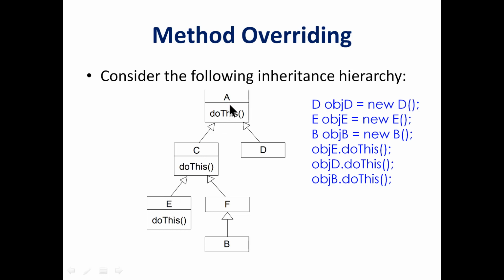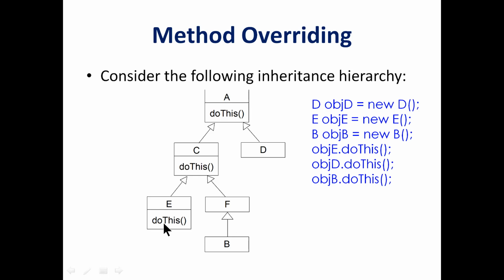So what happens in this entire hierarchy, we see that B is a child of F, F is a child of C. So we create a D object, and then we create an E object, and then we create a B object, and then I can call the doThis method. If I call the doThis method of the E object, you can see it is this method.